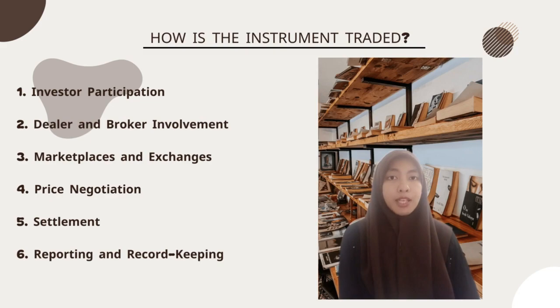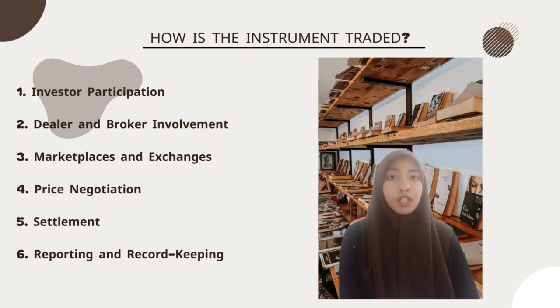Third is marketplace and exchange. The trading of Cagamas commercial papers can occur through various marketplaces or over-the-counter OTC platforms. Number 4 is price negotiation. The negotiation considers factors such as prevailing market conditions, investor demand, and the creditworthiness of the papers. Fifth is settlement.